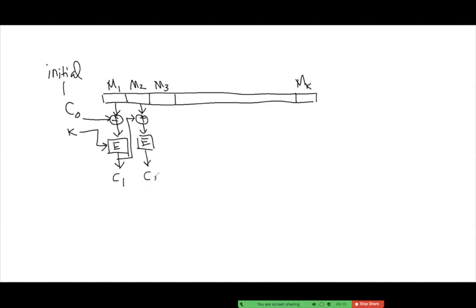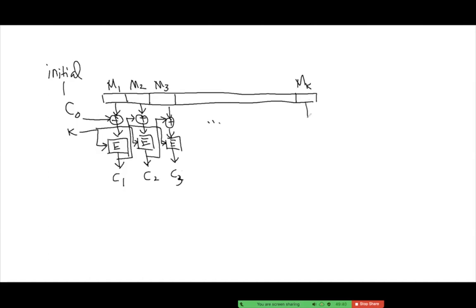We get C2, so the key goes in. So you do the same on M3. E, key goes in. C3.